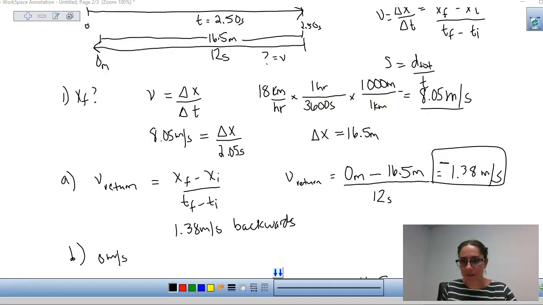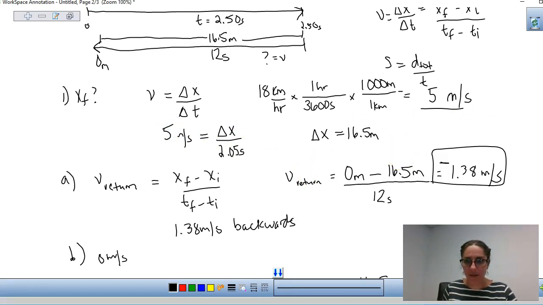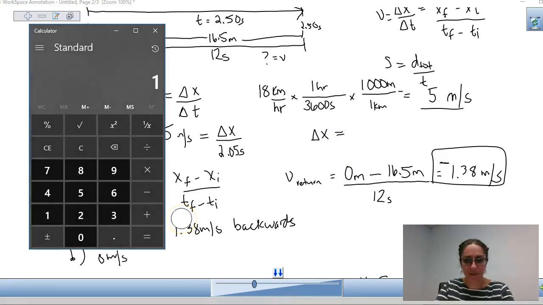Alright, let's quickly just fix this. Gotta do it right. That's why you get multiple attempts on your homework, because it's something like this. So that becomes 5. This becomes 5. Now I'm going to do it again just to make sure. So 18, 1 kilometer is 1,000 meters, that makes sense.